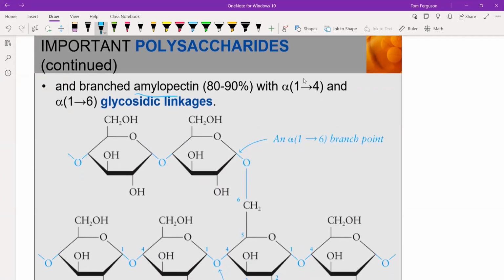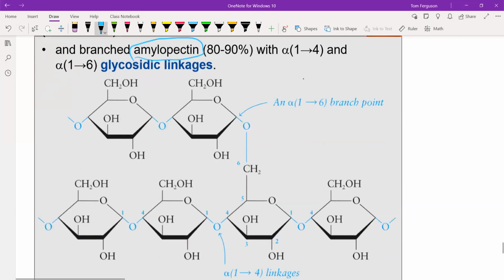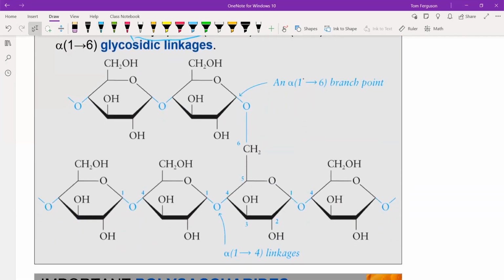Amylopectin has the same thing as starch, an alpha 1,4 linkage, but it also has a branch up on carbon number 6. And that is going to be an alpha 1,6 branch. And again, these are all alpha 1,4s.